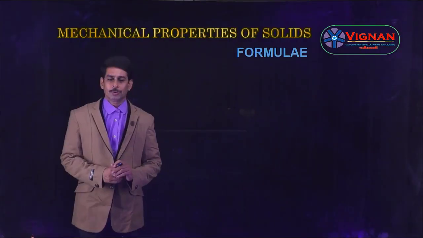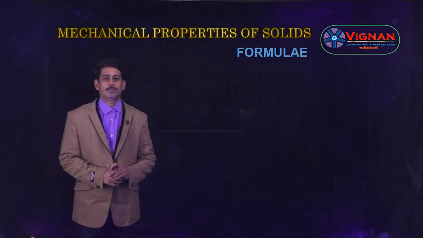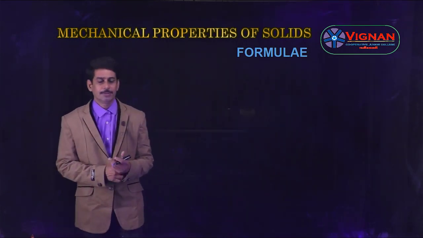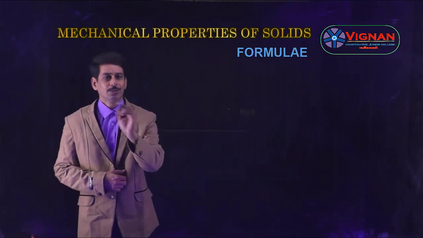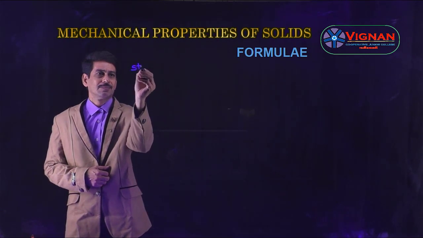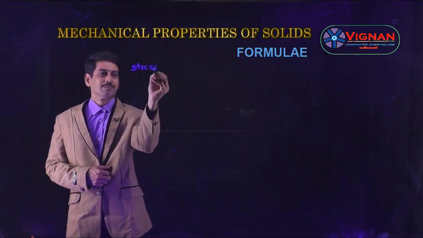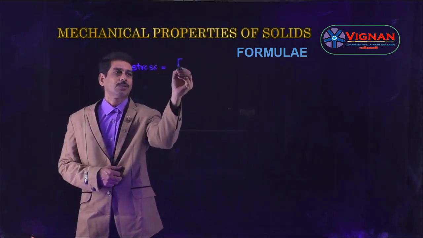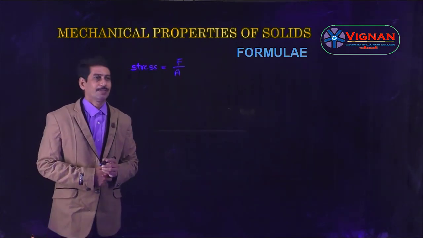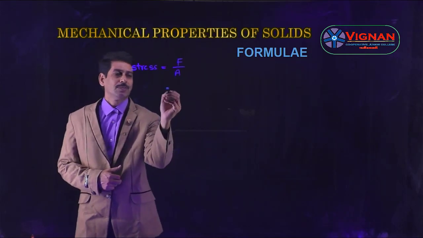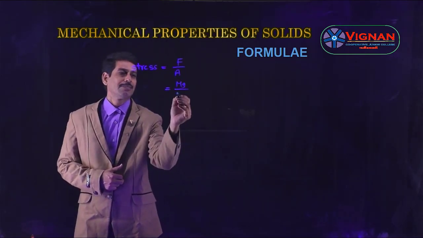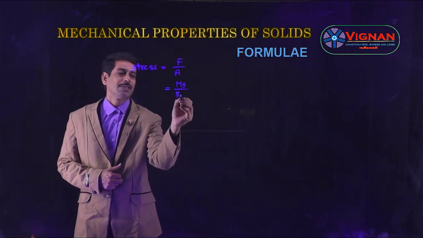Before going to the problems, let us see some formulas. In mechanical properties of solids, we already know the formula for stress. Stress is given by restoring force by area, so stress is nothing but F by A. If the force is not given, then F is equal to mg, and if the area is not given, then area can be written as pi r square.